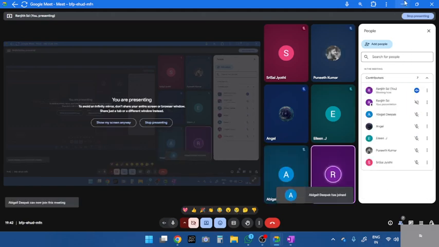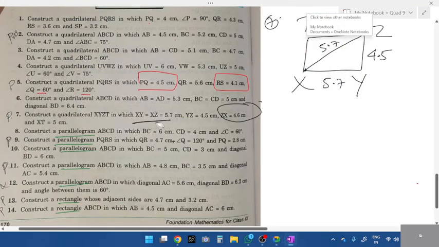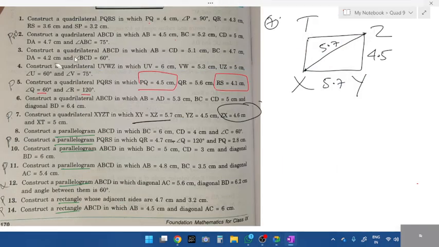It's a typing mistake. Abigail, do you have the textbook? Did ma'am change the seventh question? Seventh one. If not, tell your teacher, students. The seventh one, the question is wrong. What is the value of XZ? Actually, what is the value of X and Z? It didn't change.